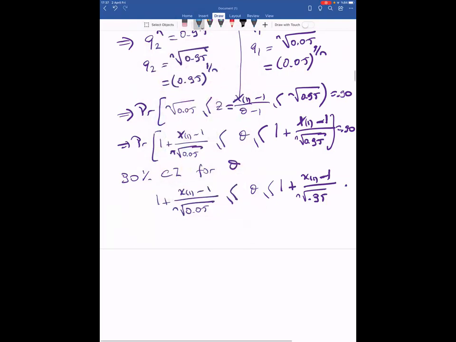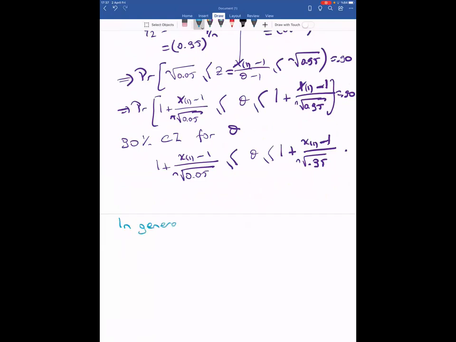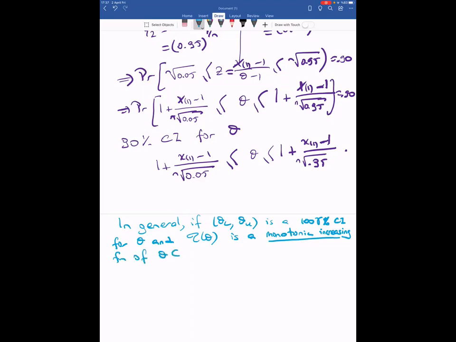Okay, so let me write these. In general, if theta L and theta U is a 100 delta % confidence interval, and tau theta is a monotonic increasing function of theta in the parameter space, this is the important part, then we can find the upper and lower bound for tau theta by just applying this transformation to the upper and lower bound for theta.